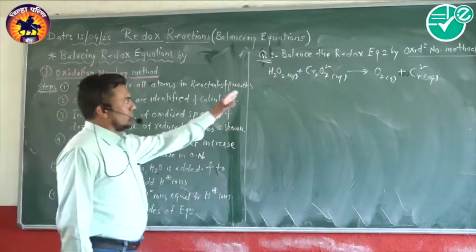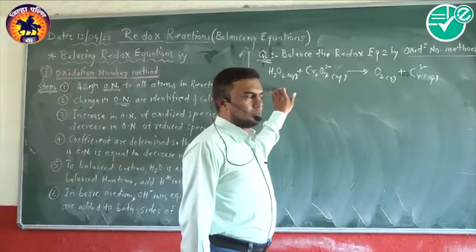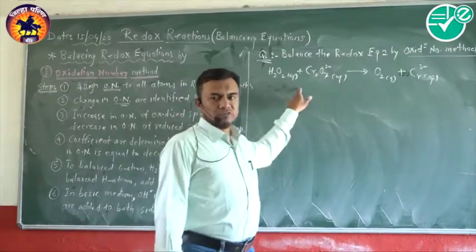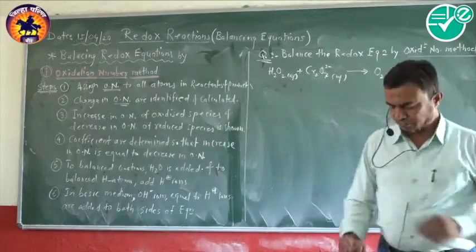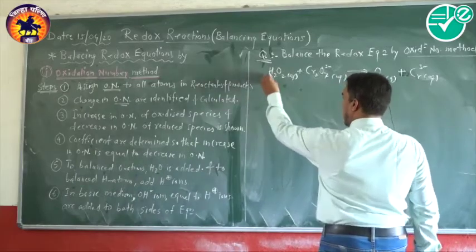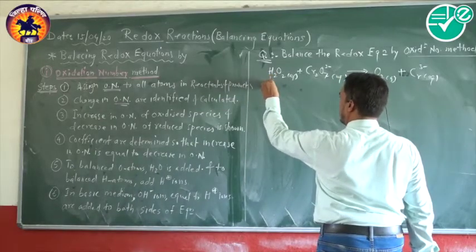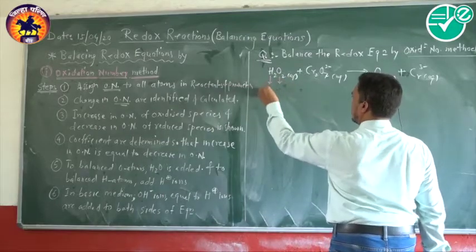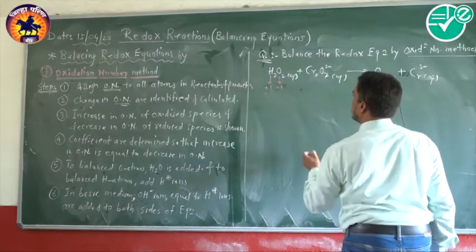Now we'll apply the oxidation number method to the above redox equation. First of all, you have to calculate the oxidation number of each atom. Here +1, here -1.